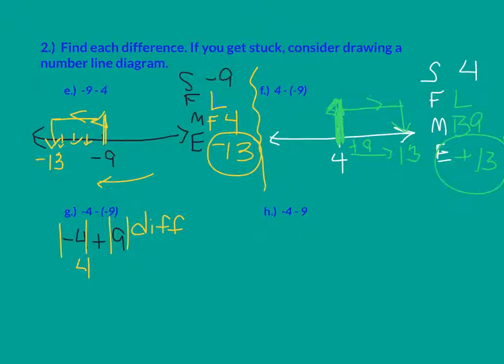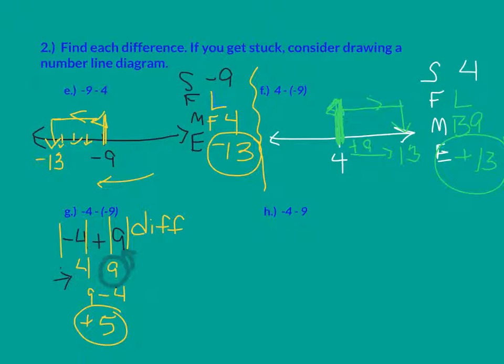Absolute value of positive 9 is 9. I'm finding the difference, so that would be 9 minus 4, which would give me 5. The only other thing I need to look at is which of these, 4 or 9, has the larger absolute value. That would be my 9. If I look up here, the sign of that 9 is positive, so it's positive 5.